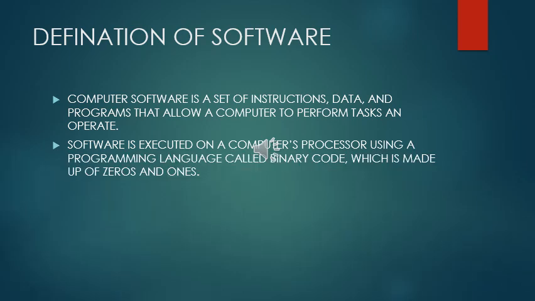Software is executed on a computer's processor using a programming language called binary code, which is made up of zeros and ones. So those software are stored or embedded on the processor of the computer system. The programming language only understands ones and zeros.